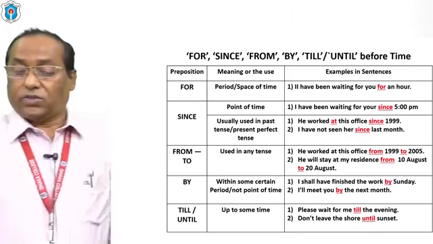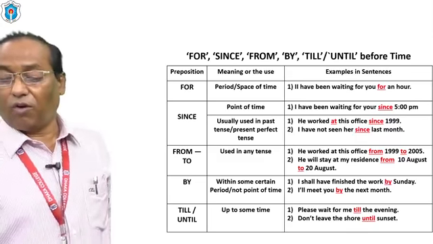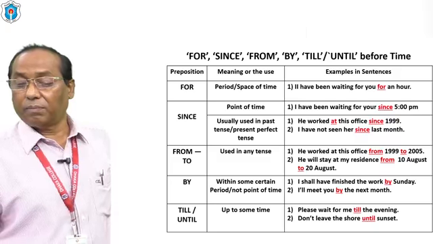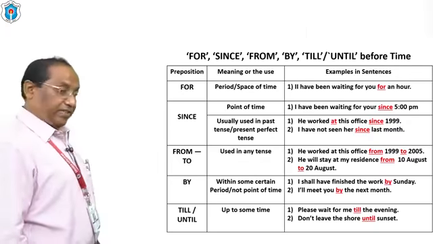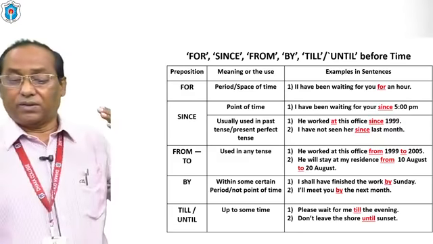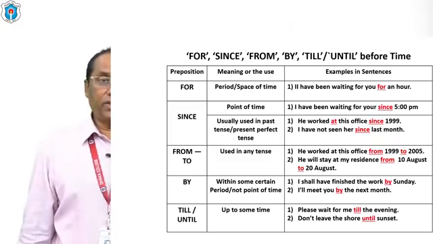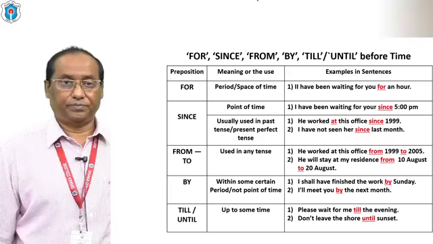My dear students, now we can see some more prepositions: for, since, from, by, and till and until. When since is used and when for is used. For is used before a period of time.